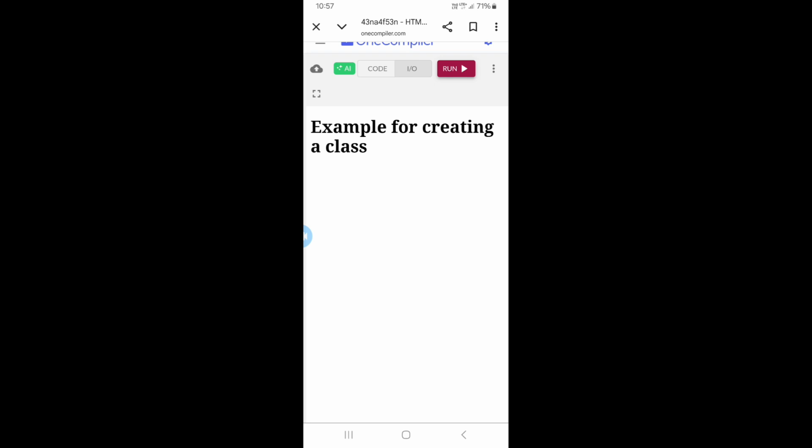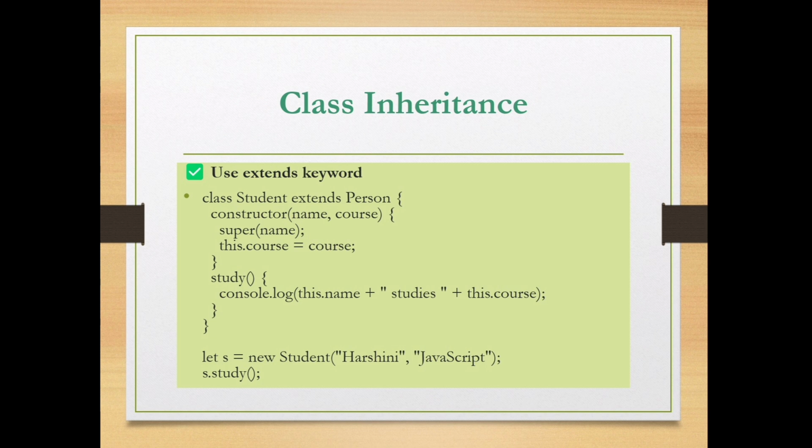Next we will see constructor class inheritance. It means we can use a parent class to create a child class. Inheritance is mainly used for code reusability.